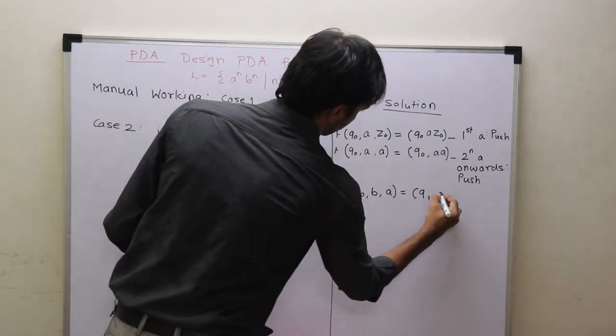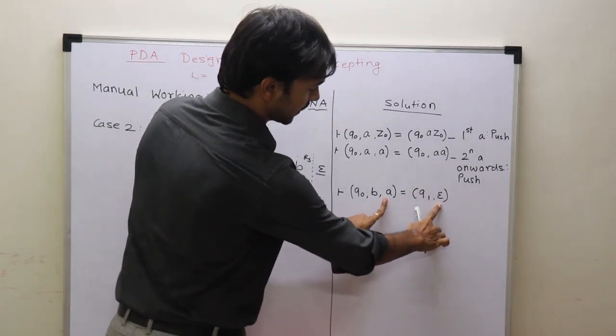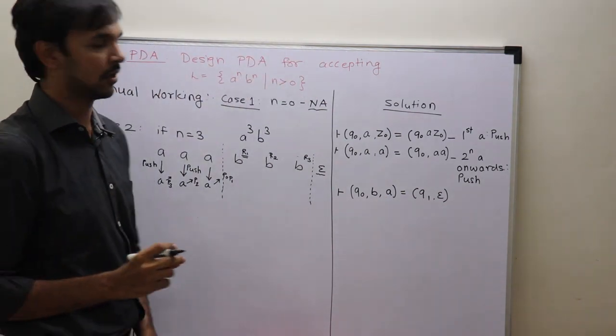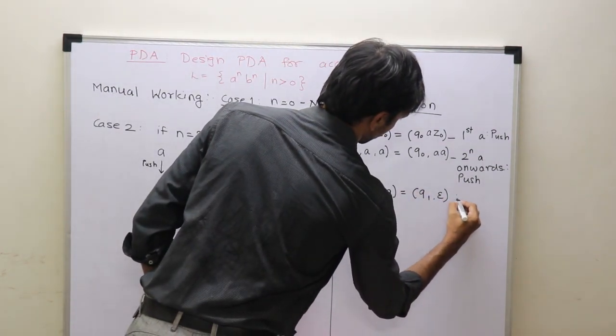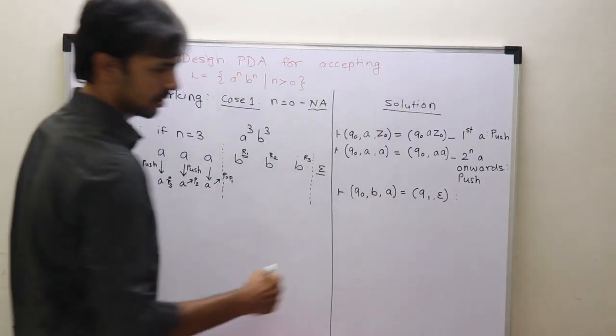The machine pops the character. See, epsilon replaces A, which has the effect that the topmost A is popped out of the stack.